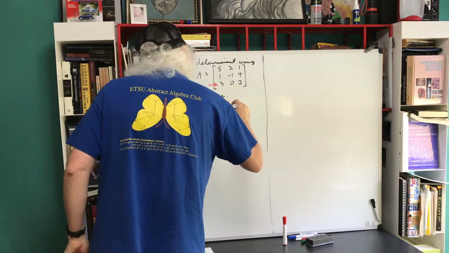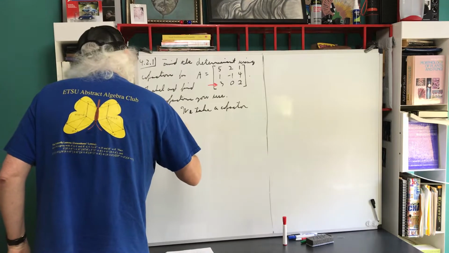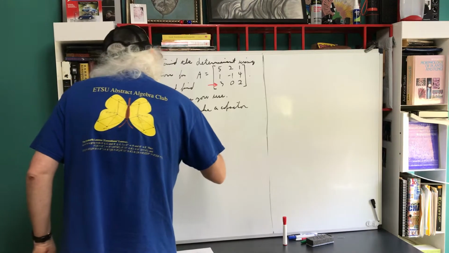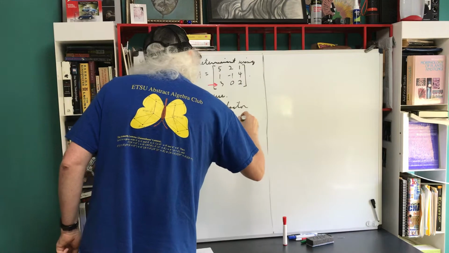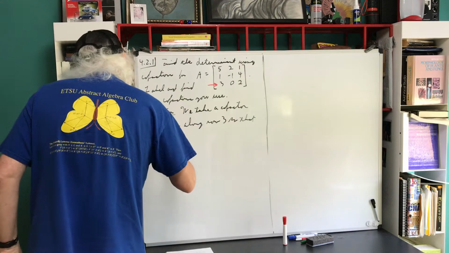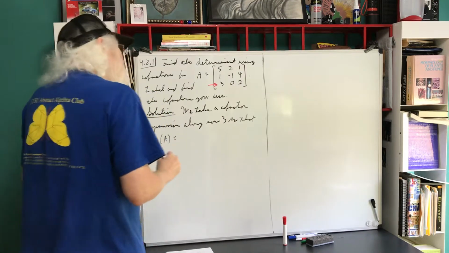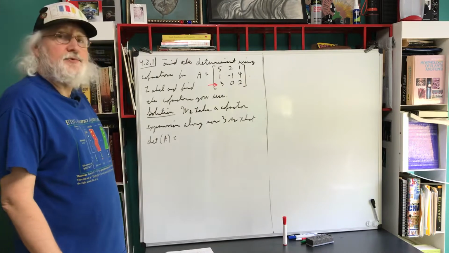We take a cofactor expansion along row 3 so that the determinant of matrix A, okay, we'll take matrix entries times cofactors.